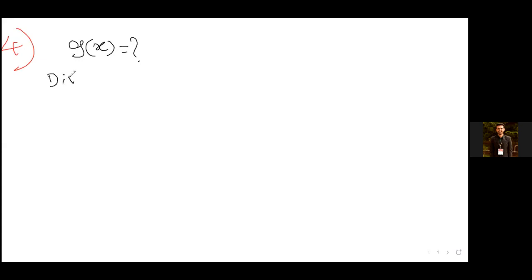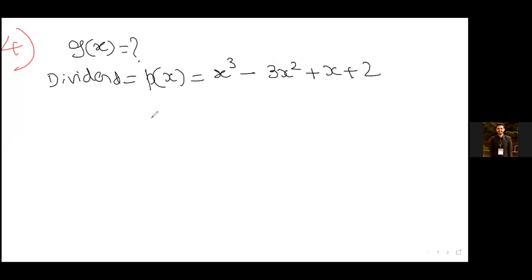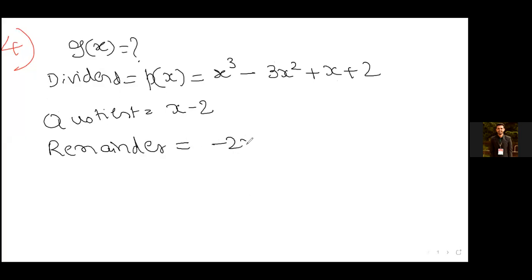They have given dividend, which is p of x is equal to x cube minus 3x square plus x plus 2. Also quotient is given x minus 2. Then the remainder, which is minus 2x plus 4. They have to find the value of g of x.